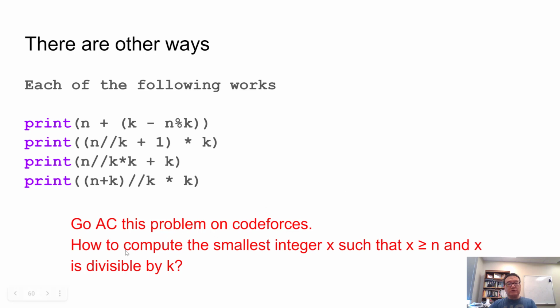So another thing I want you to think about is how to compute the smallest integer m so that m is greater than or equal to n, and m is divisible by k. So the difference is simply that in this question we don't have equal, here I have equal. So this is a little bit more common, something that you might encounter, but the code is very similar.